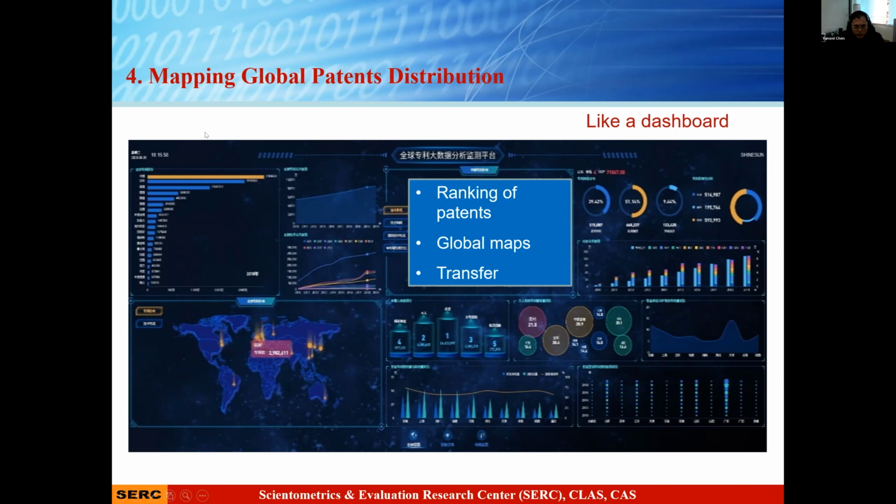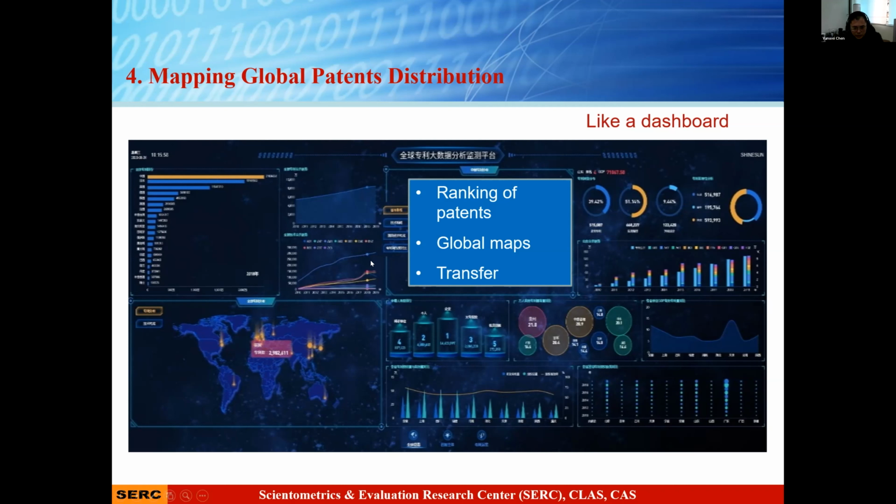On the website, you can click your mouse to enter each map to see the details. I think it's very useful for policymakers to understand the whole structure and features of the global patents, the whole field, or some subfield like life science, information science, materials, or others.